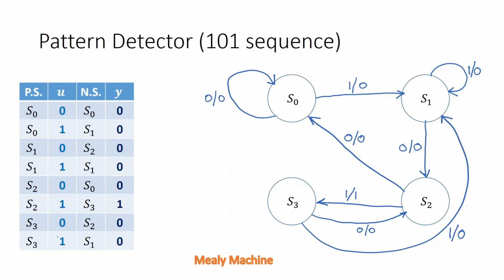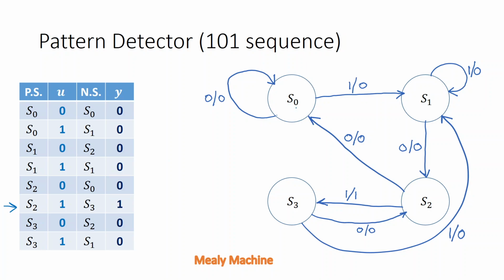Here we are saying, note this, that the output will come when you are at S2, that means 1 0 is detected, and then a 1 is detected, then your output becomes high and you go to S3. In this way we are talking now.